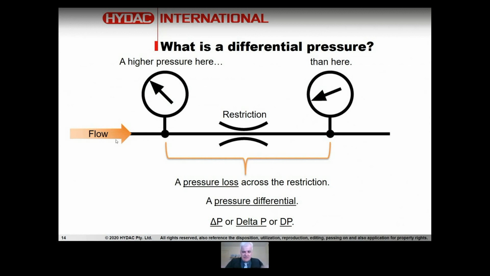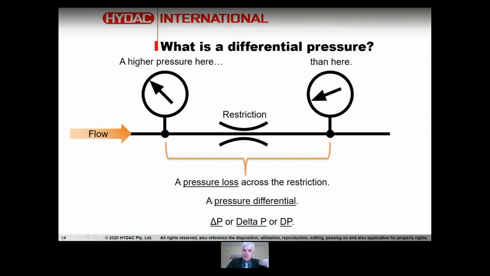So what is a differential pressure? Well, a differential pressure is that you have, in the case of flow, for example, before a restriction, a higher pressure before the restriction and a lower pressure after the restriction. So the difference between those two pressures is the pressure loss across the restriction.